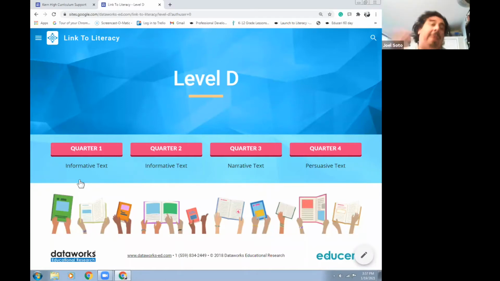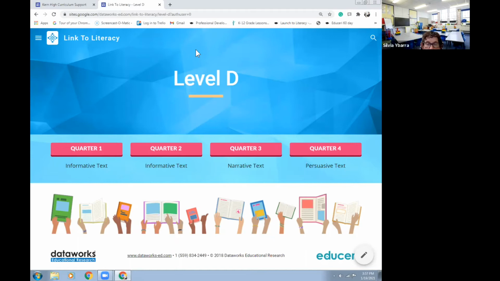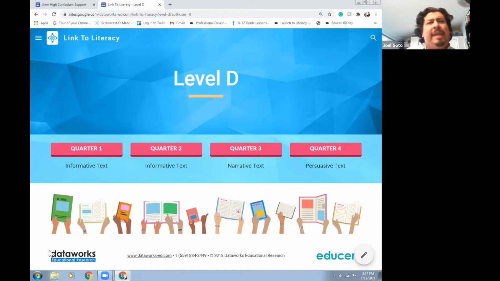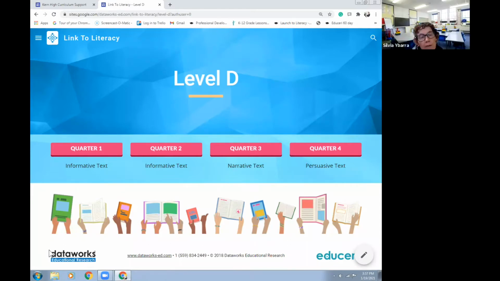Sylvia, I'm looking at level D, and right off the bat, I see that we start with informative text. Why is it with ELD we're doing informative? Well, if you really take a look at the ELD standards, they are really not to get the kids ready just for ELA. It's to get the students to be ready for any disciplines.